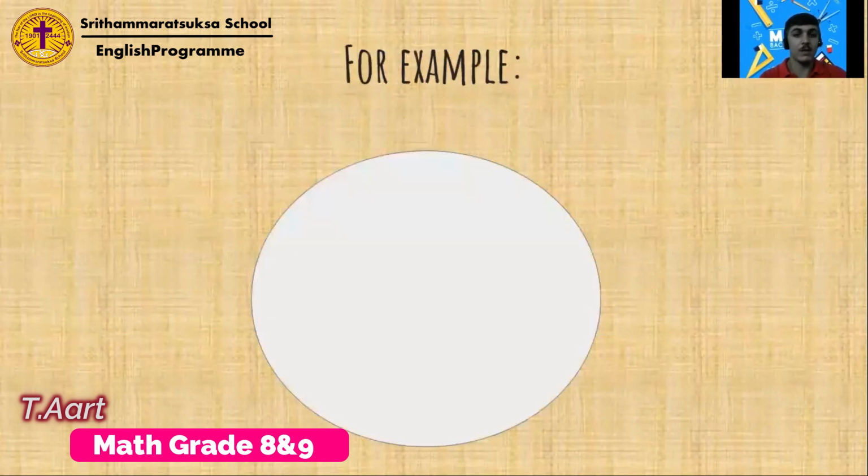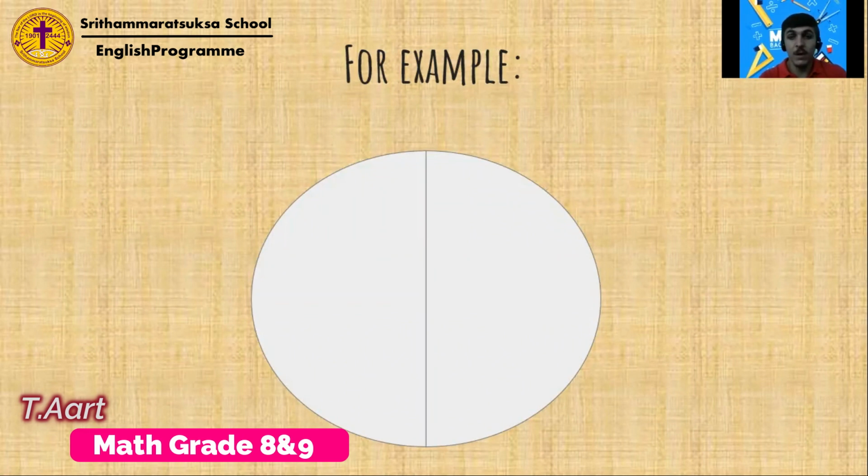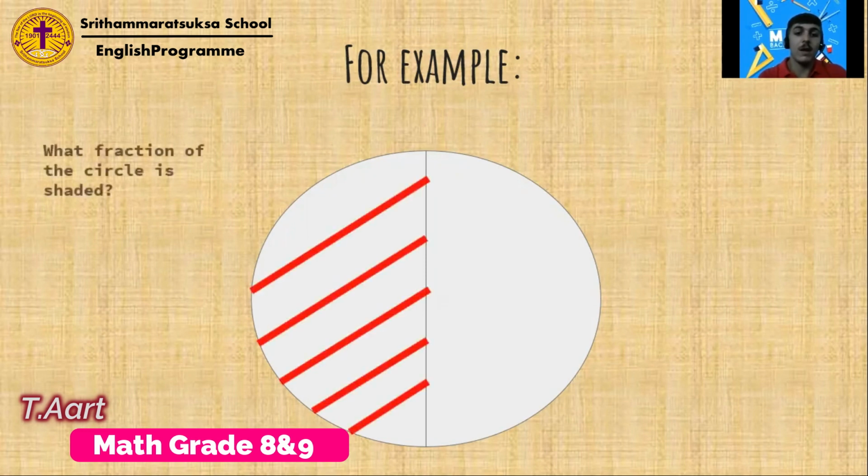Let's take a look at the circle. We can split it in half into 2 parts, or into 3 parts, or into 4 parts. And each of those parts is represented as a fraction of the whole circle. If we look at this circle, the question is, what fraction of the circle is shaded?